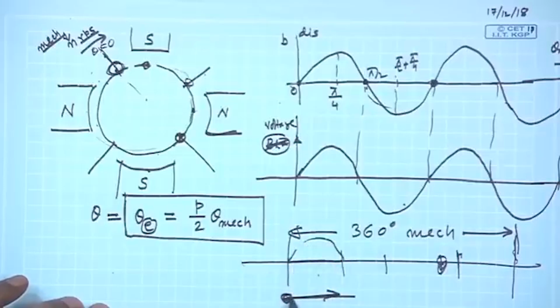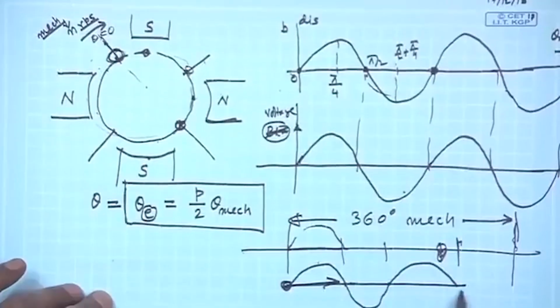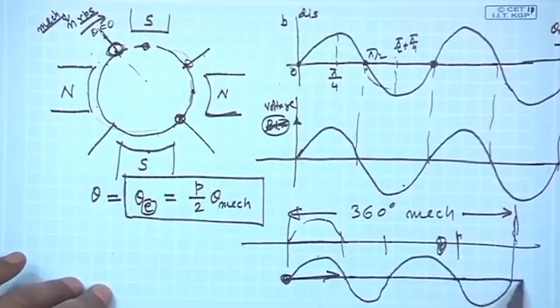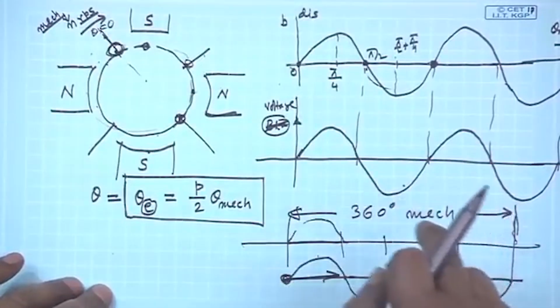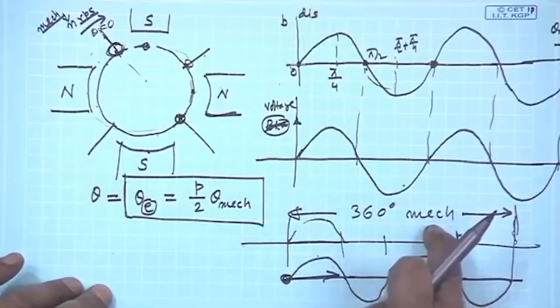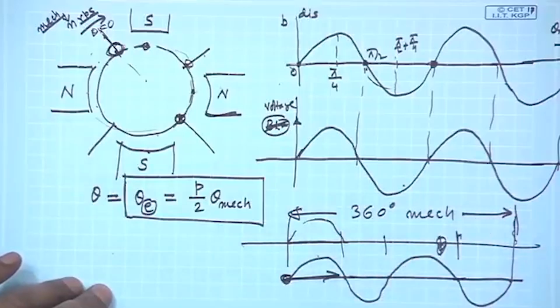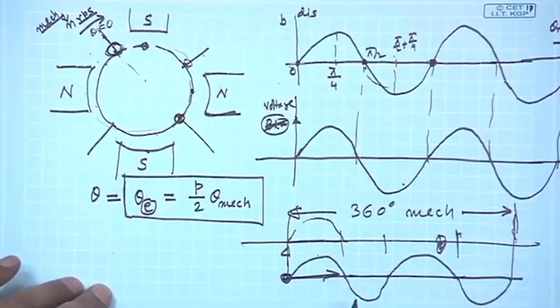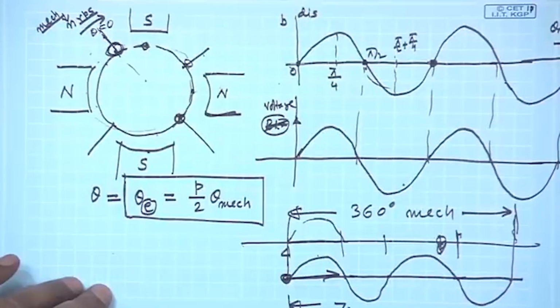So, my voltage I will make this one, then in this one it will be like this, then in this one it will be like this, and in this one it will be like this. So, as the conductor moves by 360 degrees mechanical, the electrical voltage that you will get has made 2 cycles, that is 720 degrees. So, this angle is 2 into 360 degrees electrical.